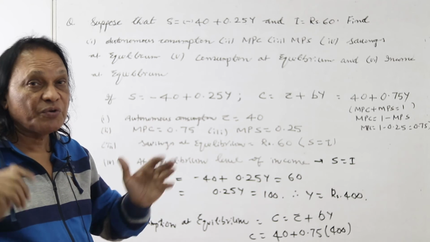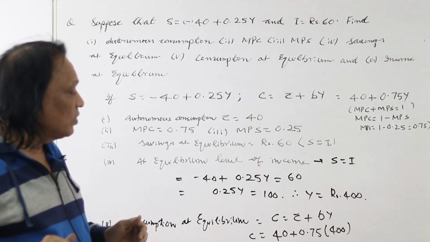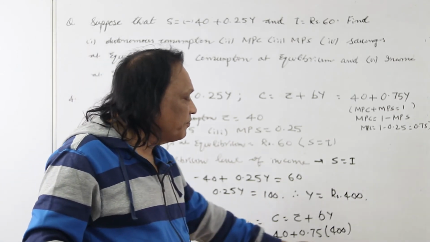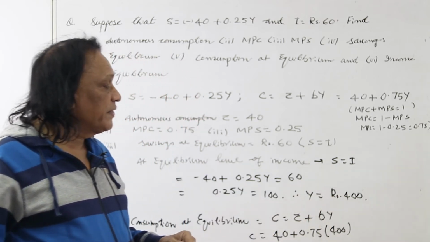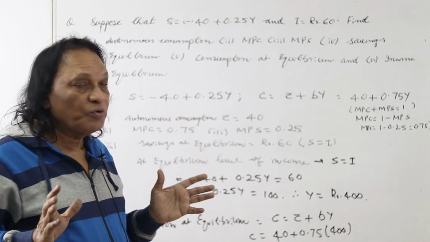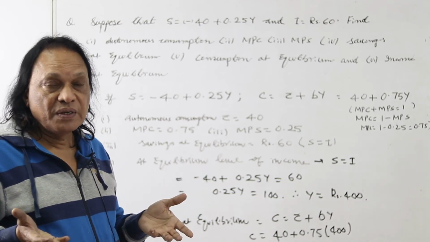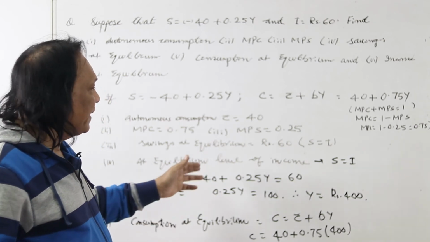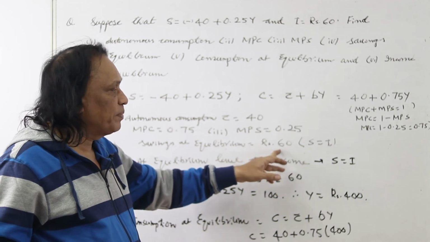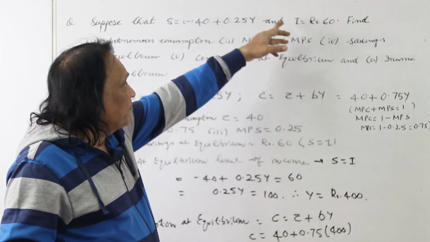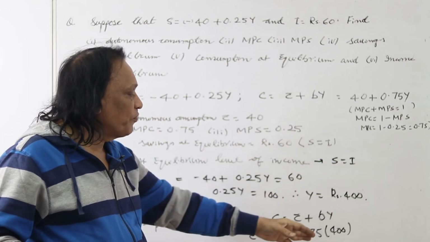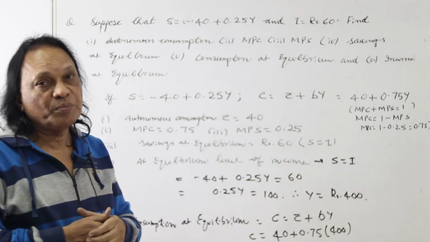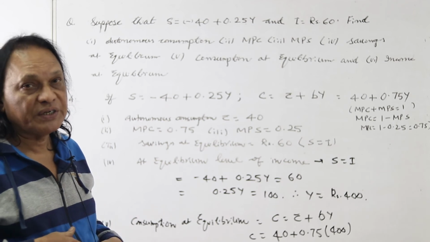You can cross check your answer whether it's right or wrong, because if C is 340 and equilibrium level of income is 400, then S should be 60. And we find S here is 60 at the equilibrium level, and we got it from I also, because at the equilibrium level S is equal to I, 60. So if you add 340 plus 60, it comes out to be 400. You can cross check it here.